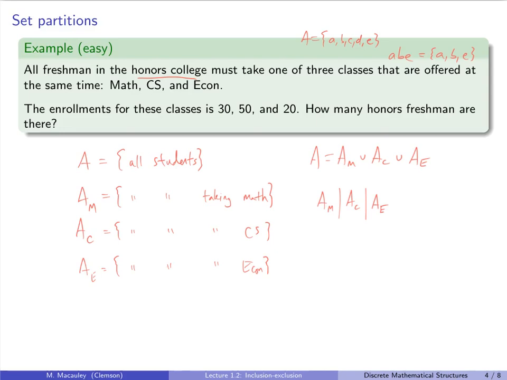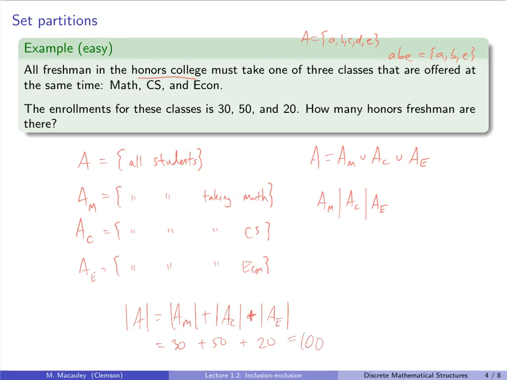So obviously, the size of A equals the size of AM plus the size of AC plus the size of AE. Oops, that should be a plus. And this is 30 plus 50 plus 20 equals 100.